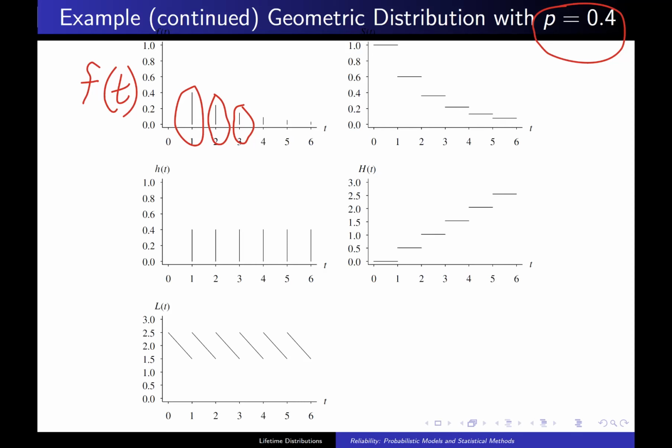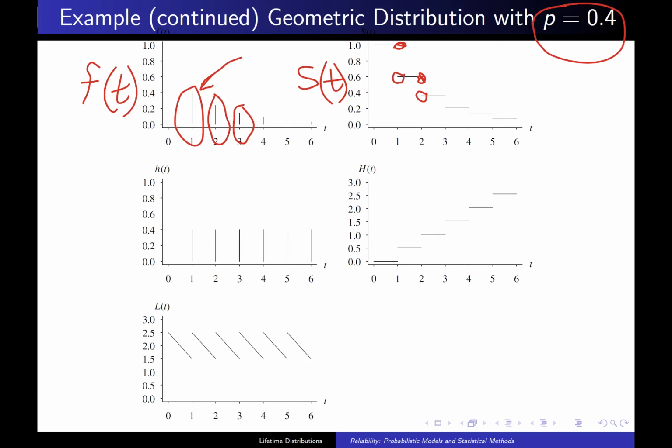The second thing we have plotted here is the survivor function. Notice the survivor function starts at 1, as you would expect. Even though it's not given here, this right here would be a closed point, and this would be an open point, and that continues downwards. The first step downwards here is going to be the 0.4.